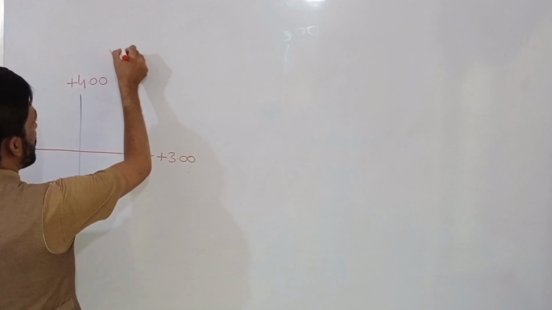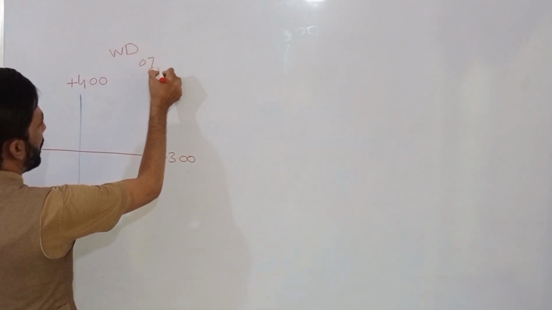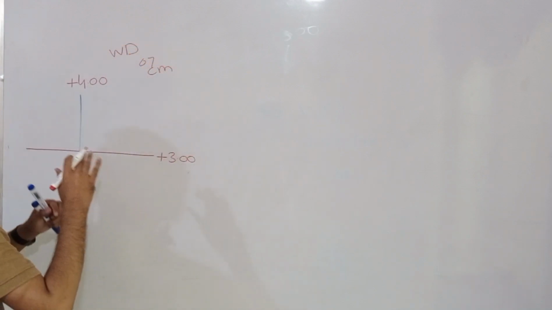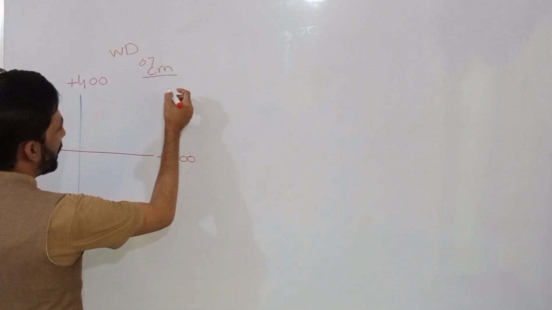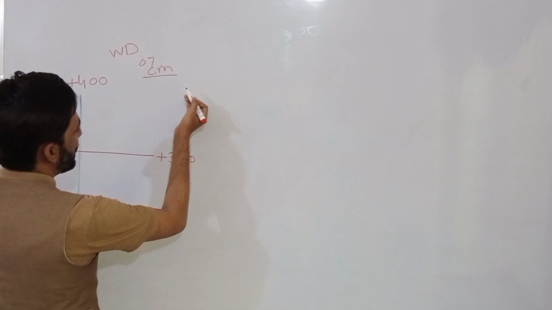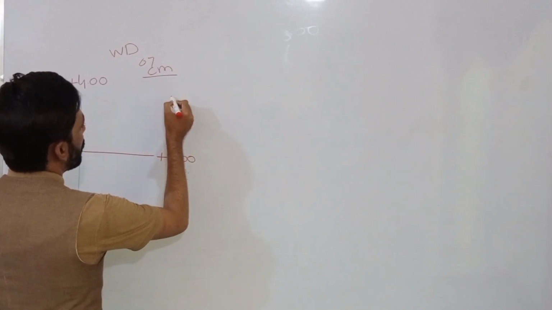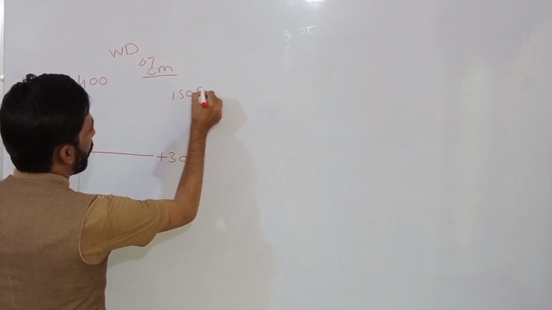Working distance is the same, 67 centimeter, and you know very well, we have discussed many times the conversion. We convert 67 centimeter into dioptric form. The formula is D equals 1 over f, so it is 1.5 diopters.